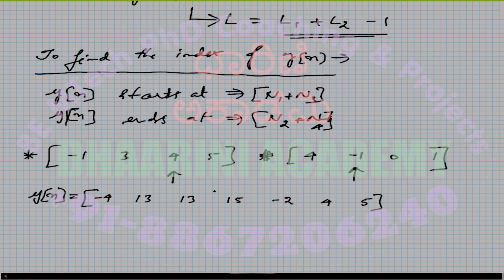Okay, right. So where is the time index 0 on this? Second 13, first 13. Okay.